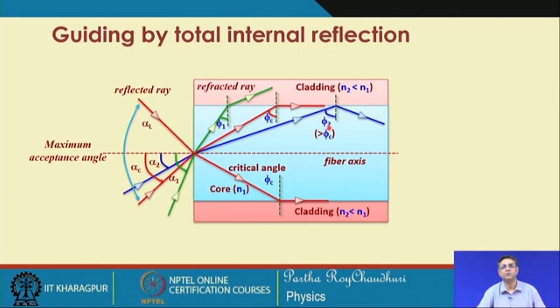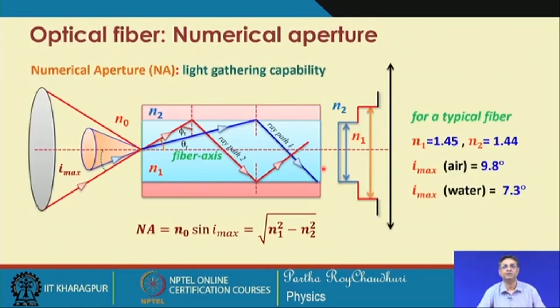If it is more than this critical angle, then also it is fine, the light will be guided into the structure, but the ray which is less than the critical angle will be refracted out. And the condition is n2 must be less than n1, that is, the core refractive index is more than the cladding.